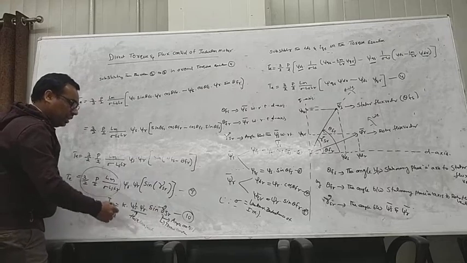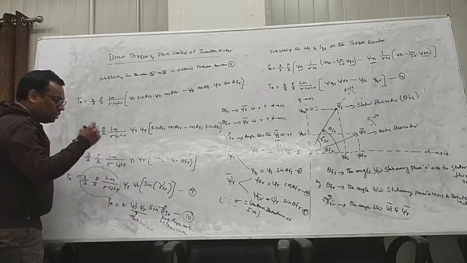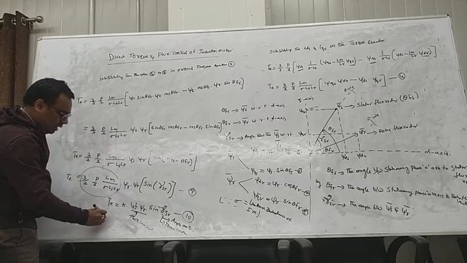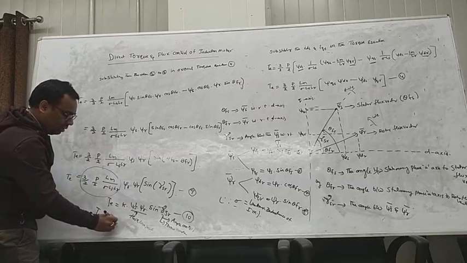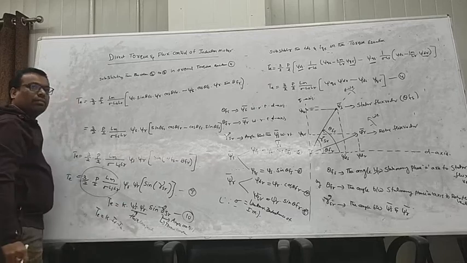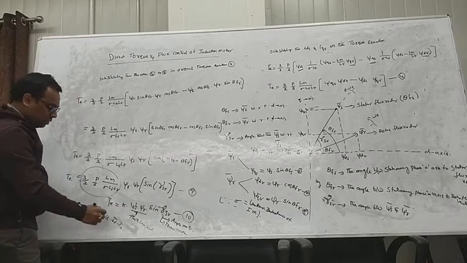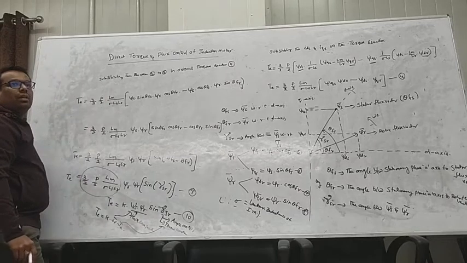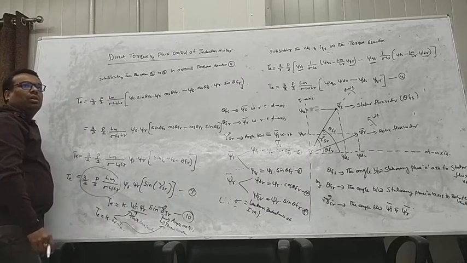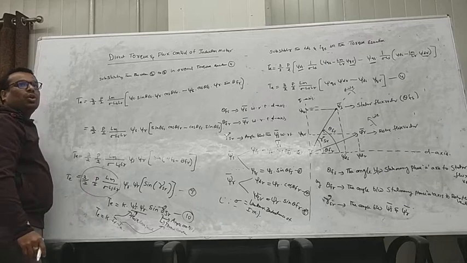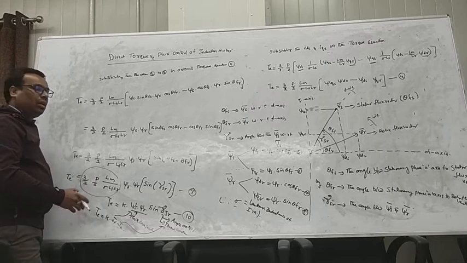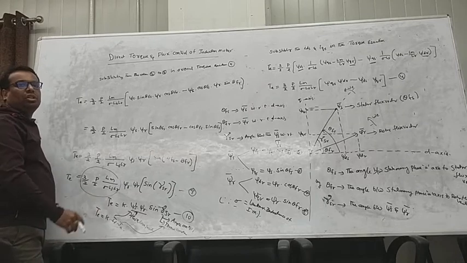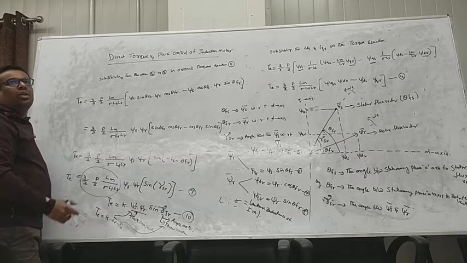And this equation 10 is similar to the torque equation of a DC motor, that is Te is equal to K into If into Ia. This is the flux and this is the torque component. So decoupling is also possible here. The torque is controlled by an independent controller, decoupled control similar to vector control.